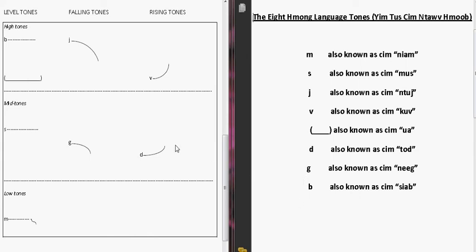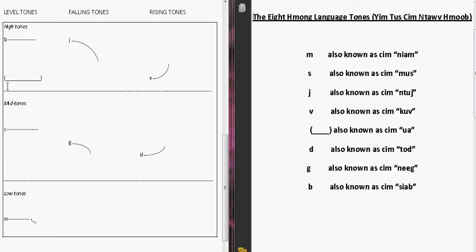Now I'm going to move over to the document on this left-hand side here. Apply what we just learned to what you see here. Let me explain how to read this document.